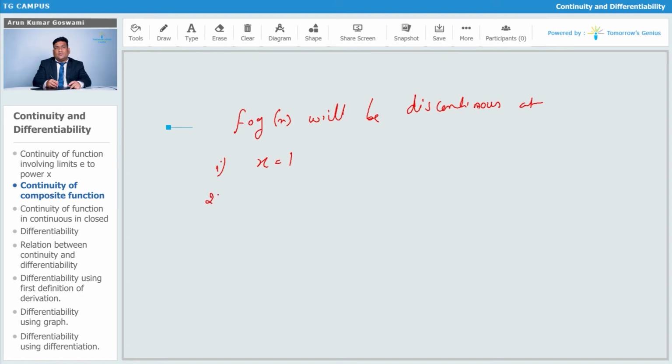And second point is, no, one more thing, f of x is discontinuous at x is equal to 1, but g of x is discontinuous at x is equal to 2.